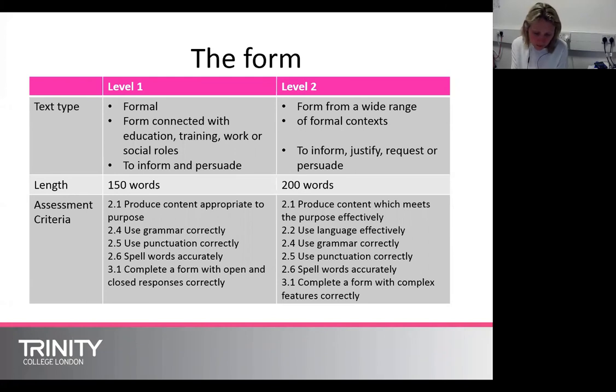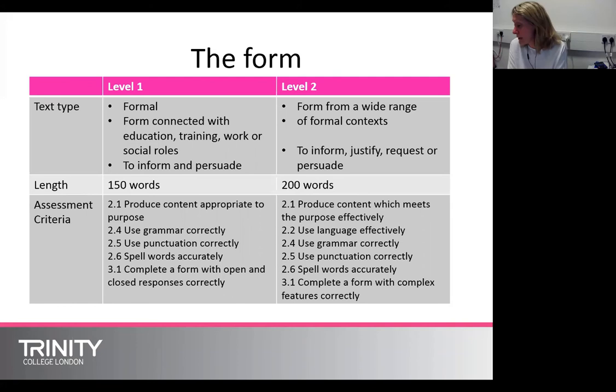We also assess 2.4 at level 1, which is use grammar correctly. When you look at the amplification for this, there's quite a long list of bullet points in terms of grammatical items. Not all of them will be relevant to the task, so when you're assessing and looking for a wide range, it's a wide range from the amplification that is appropriate for that task.